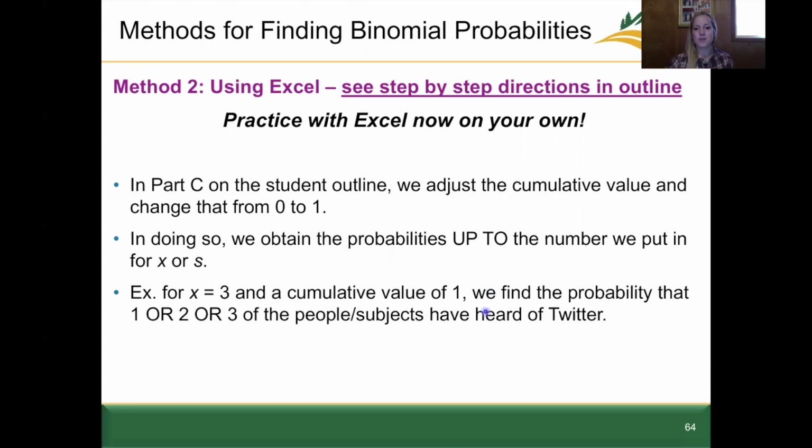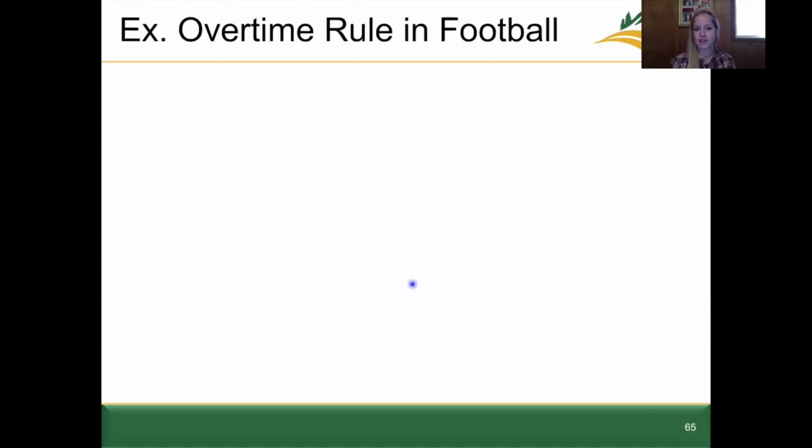So essentially, we're being cumulative here. We're taking the probability of 1 or 2 or 3 adults knowing what Twitter is. To sum this up in wording: exactly X or S number of successes, cumulative value of 0. If we're asked up to that number of successes, cumulative value of 1. Let's try this next example.